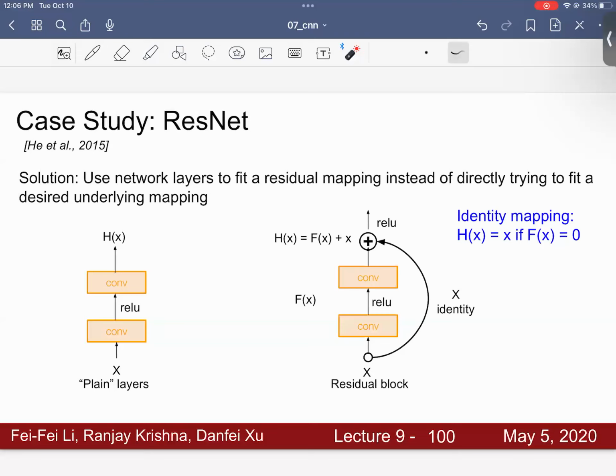Not really sure what you mean. Ensemble, you have a sum of two functions. Yeah, I guess you could call that. But it's more like you just learn the difference. 이제 그 차분값만 배우는.